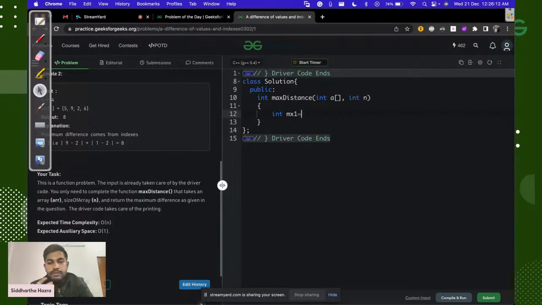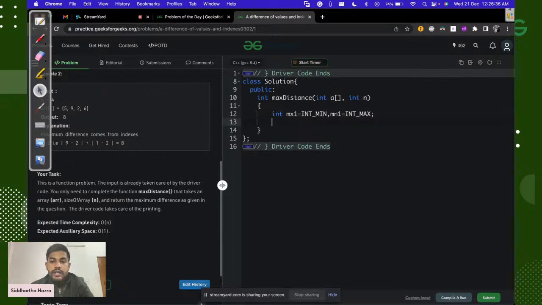To store the maximum, we need the initialization with the minimum value, so int min. And then mn1, that is minimum one. To get the minimum value, we initialize it with the maximum value, so int max.